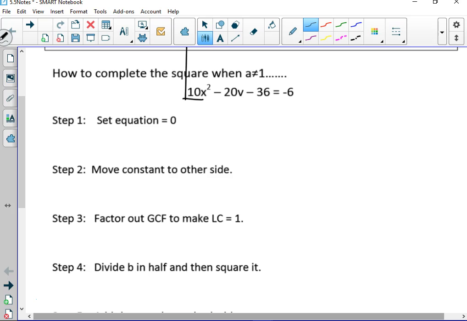We want to set it equal to 0. So now we're going to bring it over this way. We're still going to do the same thing we did before, but to start off, we have to bring everything over to one side. Okay? So that's going to give me 10x squared minus 20x minus 40.